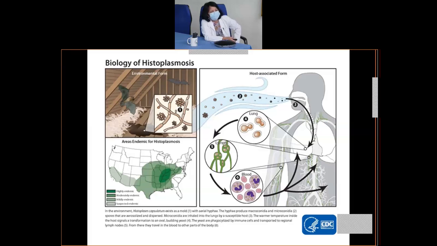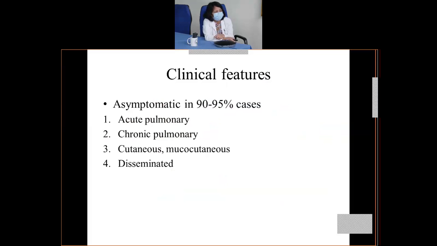Why do they convert into yeast cells? Because the warmer temperature in the human body triggers the conversion from the mycelial form into the yeast form. This yeast is phagocytosed by the immune cells and transported to the regional lymph nodes, and from there to other parts of the body.